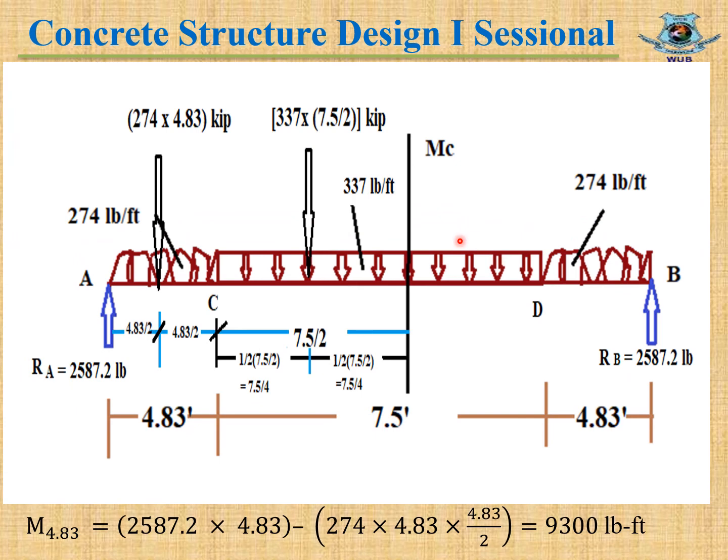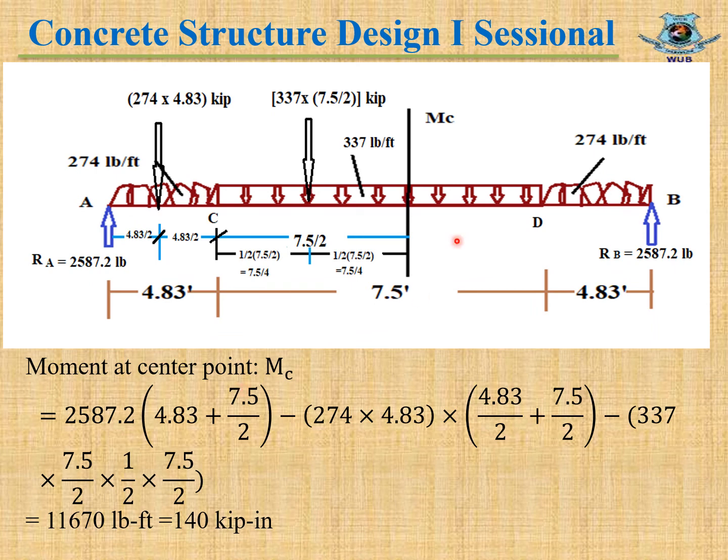As this is a symmetric diagram, the moment for half of the beam is calculated. M at 4.83 equal to 2587.2 into 4.83 minus 274 into 4.83 into 4.83 by 2 equal to 9300 pound feet.